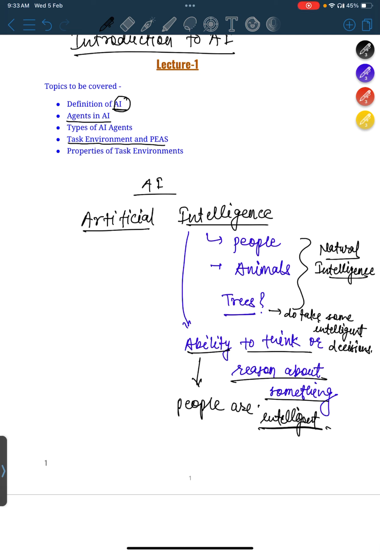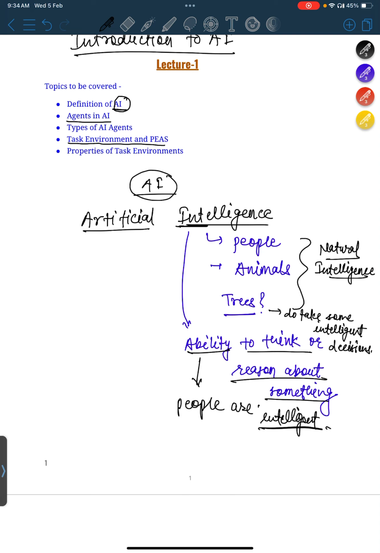But from a more theoretical perspective, there is no one fixed definition of AI. Different people define intelligence in different ways, and if intelligence itself is very personalized for different people, then artificial intelligence can have various definitions according to whom we are asking. A person with more mathematical knowledge can describe artificial intelligence in a more mathematical form.